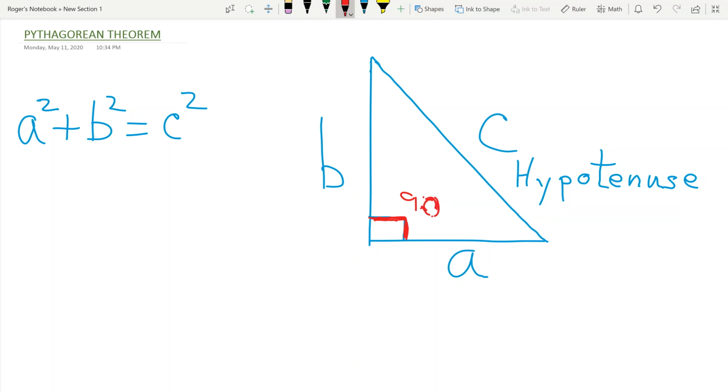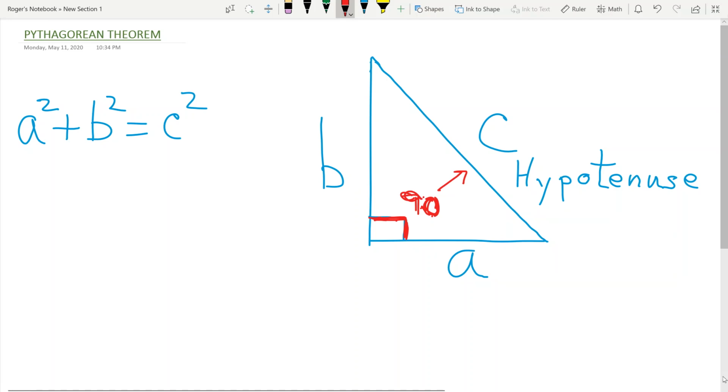Now, when we have right triangles, we talk about the legs and we talk about the hypotenuse. The hypotenuse I've labeled. The hypotenuse is always opposite the 90-degree angle. So notice the hypotenuse is there. It's opposite the 90. Always opposite the 90.